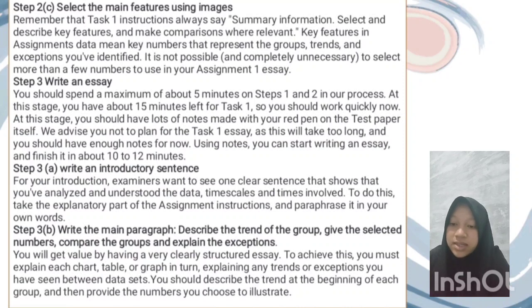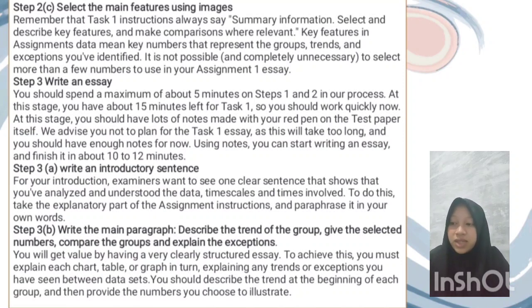We advise you not to plan the Task 1 essay, as this will take too long, and you should have enough notes for now. Using notes, you can start writing an essay and finish it in about 10 to 12 minutes.